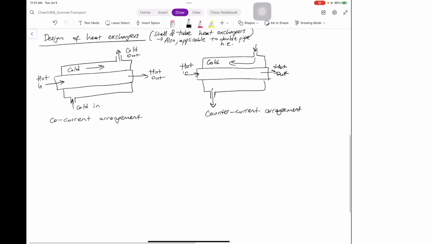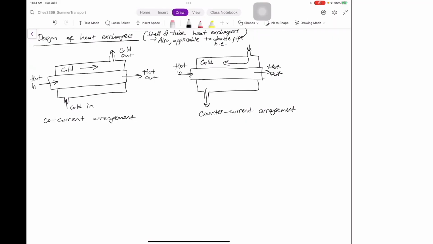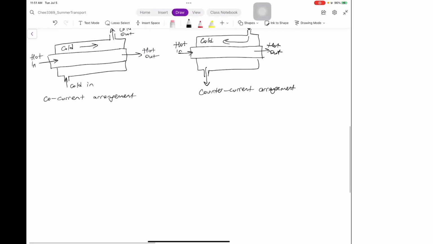So let's have a look at first. Let's get a physical intuition about what's happening here. Let's have a look at the temperature which is changing along the streamlines, right? So one can actually plot the temperature as a function of position. For example, the temperature here versus temperature here, here, here, here.